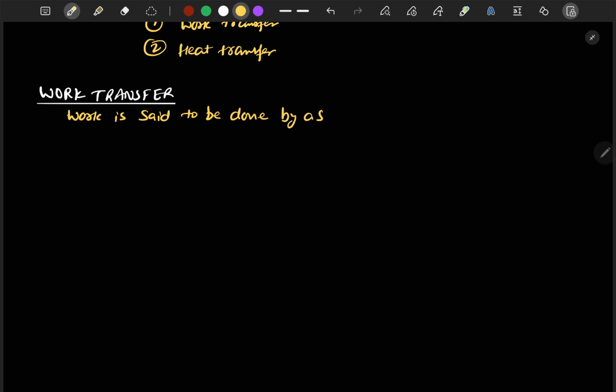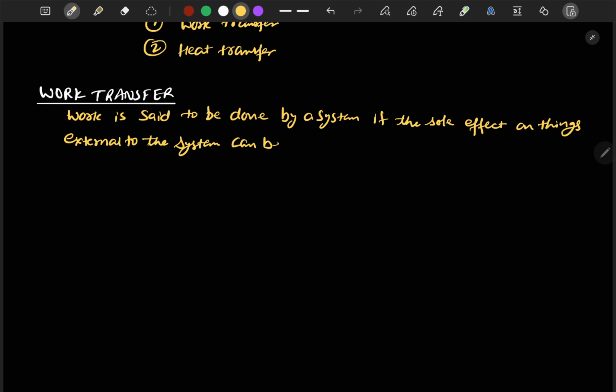by a system if the sole effect on things external to the system can be reduced to the raising of a weight.